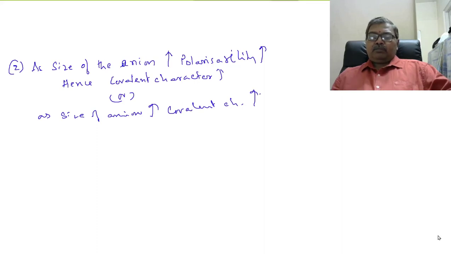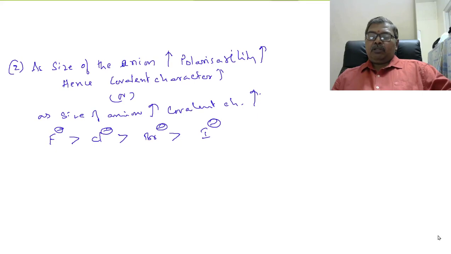See, in 17th group, F minus, Cl minus, Br minus, I minus. Fluoride ion, chloride ion, bromide ion and iodide ion. See, fluoride ion is smaller than chloride ion, smaller than bromide ion, smaller than iodide ion.